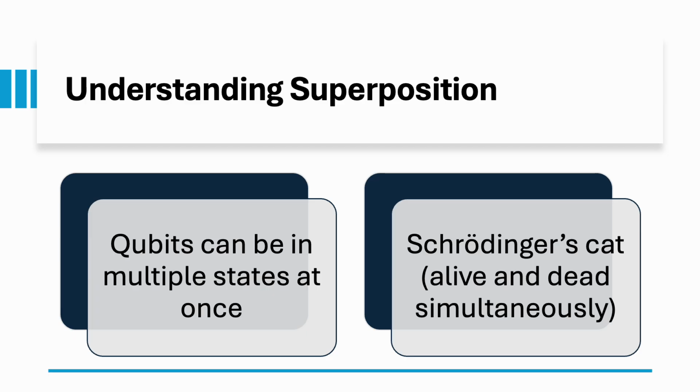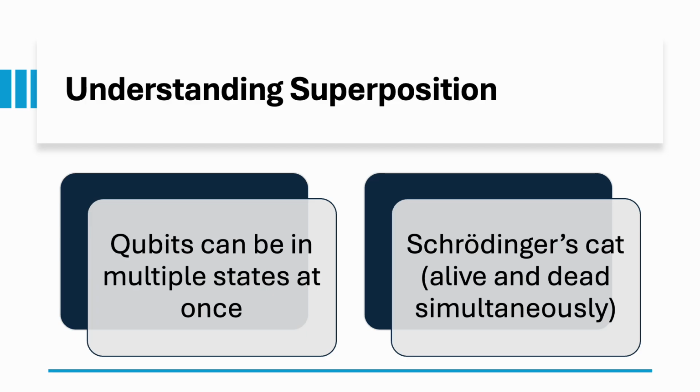But in the quantum world, particles can exist in multiple states at the same time until they are observed or measured. Think of a qubit like a coin spinning in midair. While it is spinning, it is not really heads or tails. It is both simultaneously. Only when you catch it and look at it does it collapse into one definite state.